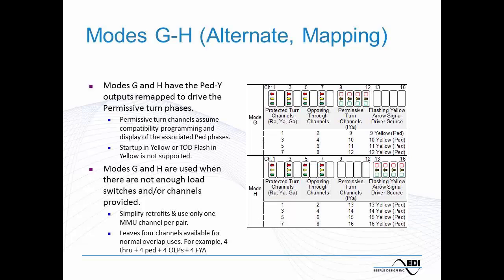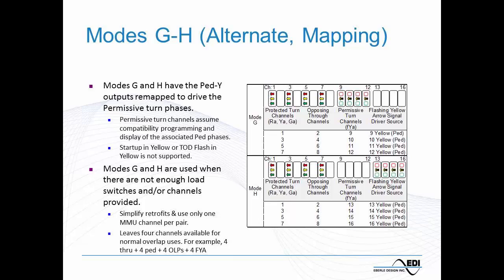So the other kind of drawback to this mode is, as you can see, the level of technician confusion is increased a little bit as we watch the intersection cycle or we troubleshoot a malfunction.